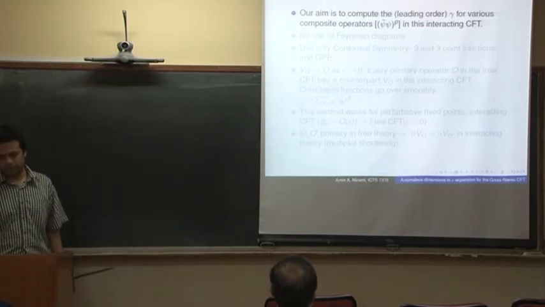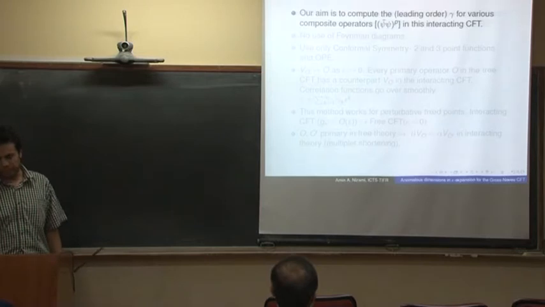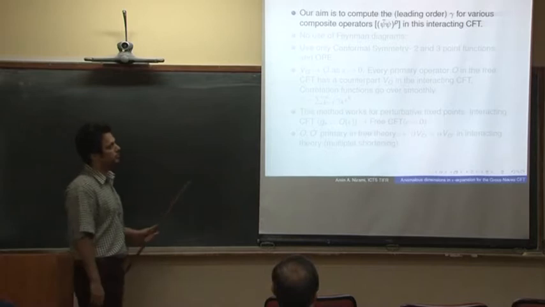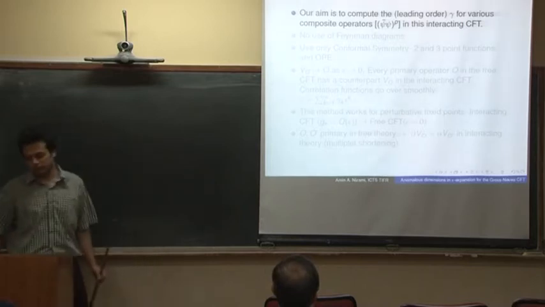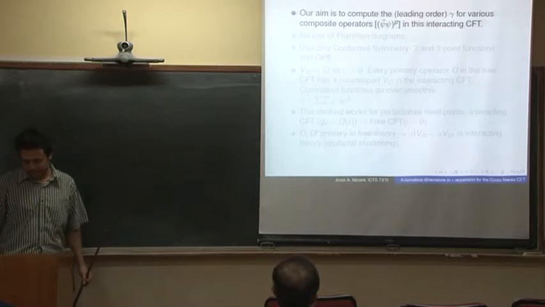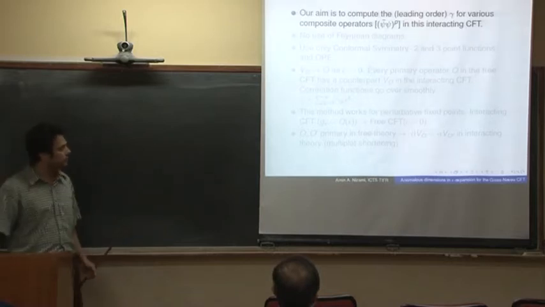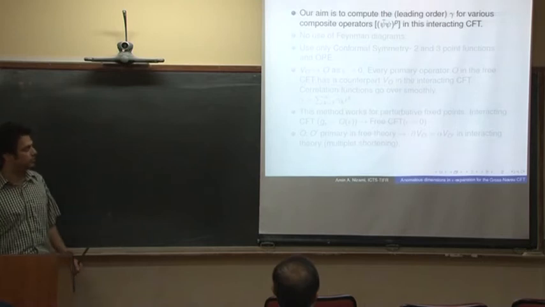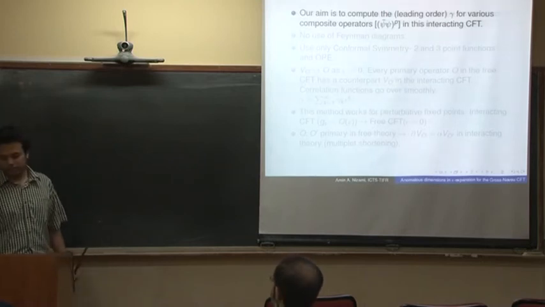And so for p equal to 1, for example, the result is known. And the calculation is similar in spirit to what Rychkov and Tan did in similar computations in the scalar case. But here there are some new features which arise because you're dealing with fermions, and I'll point them out as we go along.